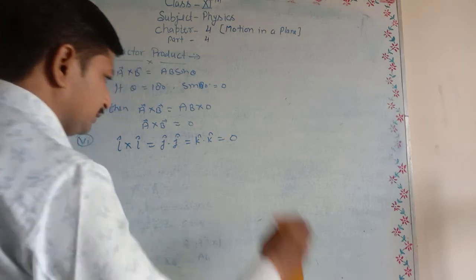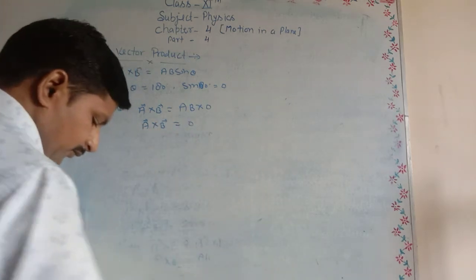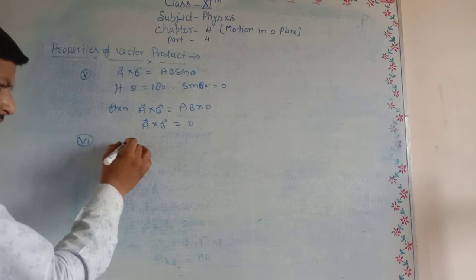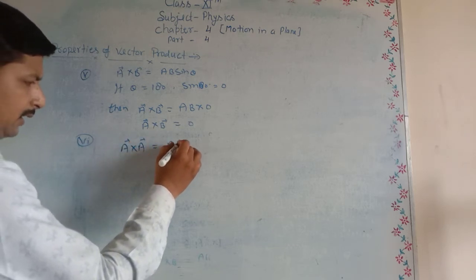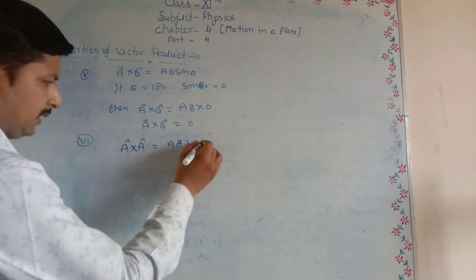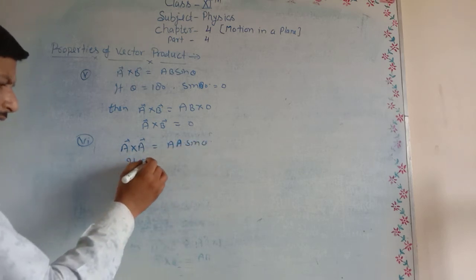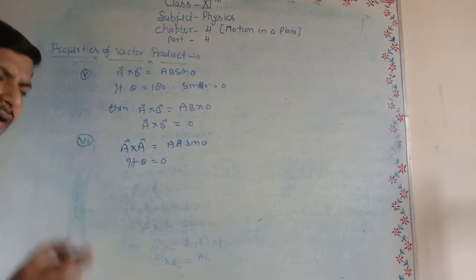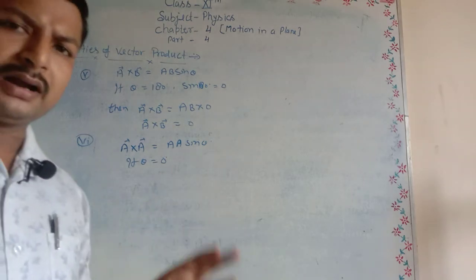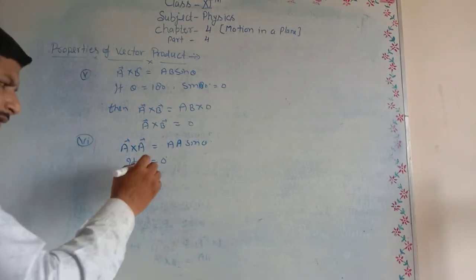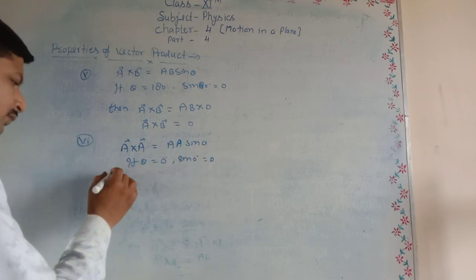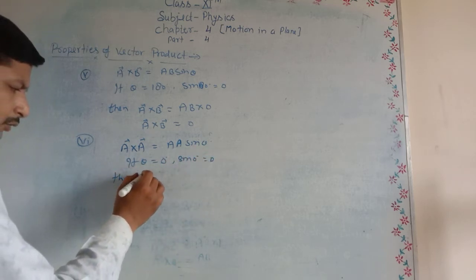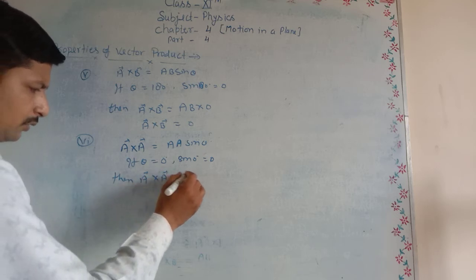First of all, for the same vector, A cross A is equal to AA sin theta. If theta is equal to 0, the vectors A and A are parallel to each other, then the value of sin 0 is equal to 0, then A cross A is equal to 0.